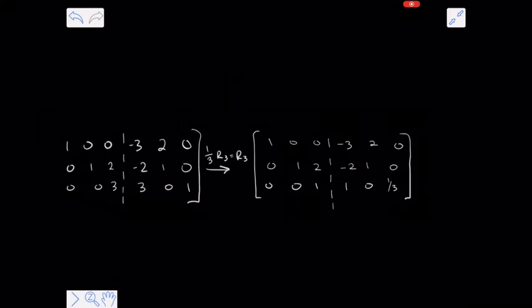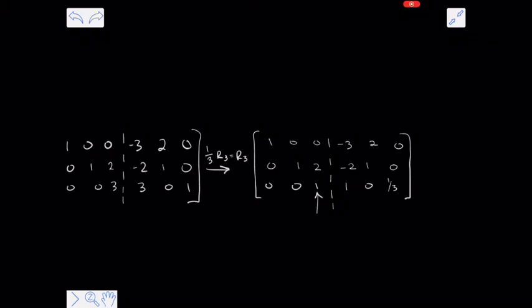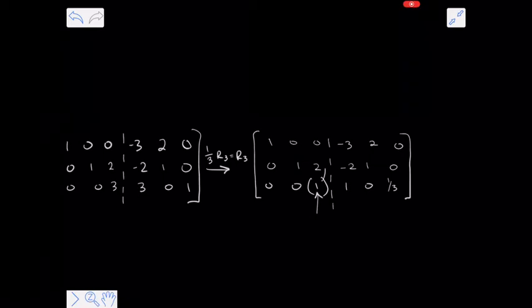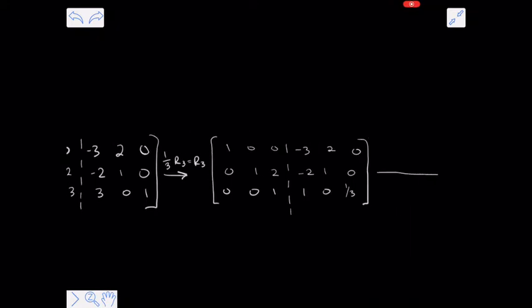Only thing now is that entry should be a 0. The only thing I can add to 2 to make a 0 is -2, so I'm going to use that entry. If I were to multiply by -2 there and then add it to the 2, I would get 0. So what I need to do is multiply row 3 times -2.